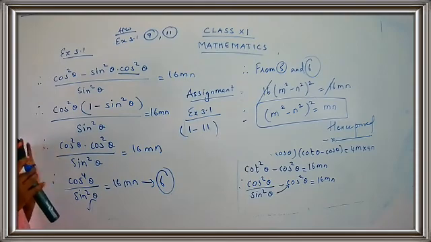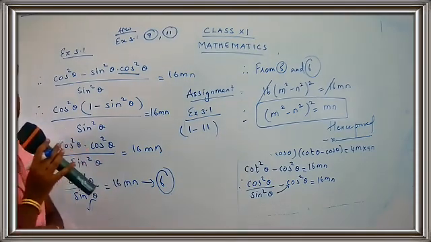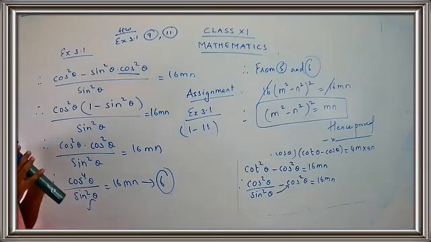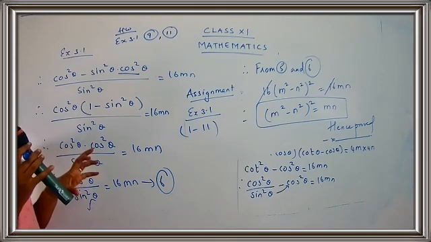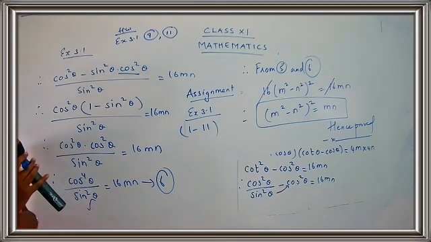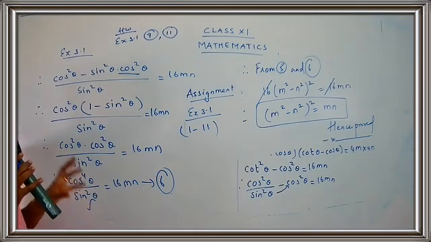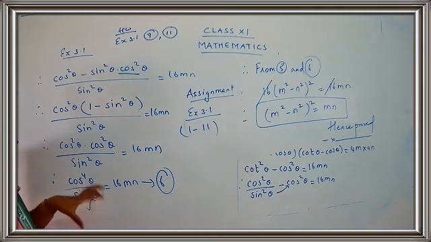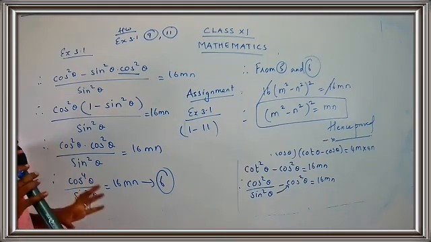So at the moment your assignment is to practice all the sums from exercise 3.1. I'm just giving you an idea that from 3.1 at least a 5 mark question will be asked. You may have questions for 5 marks from 3.1. So you have to practice your 3.1 as an assignment. You have to practice the sums by yourself. You're not going to copy the answers directly from your classworks or homework.